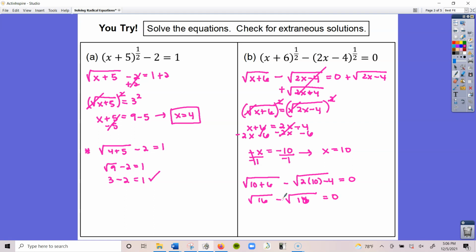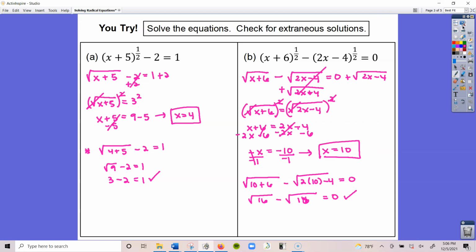And I get the square root of 16 minus the square root of 16 is equal to 0, which is indeed true. So this is a solution. If you ended up with square roots that were not equal, then when you subtracted, it would not equal 0 and there would be no solution.